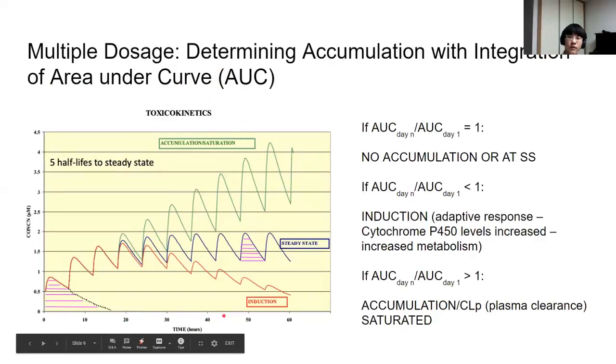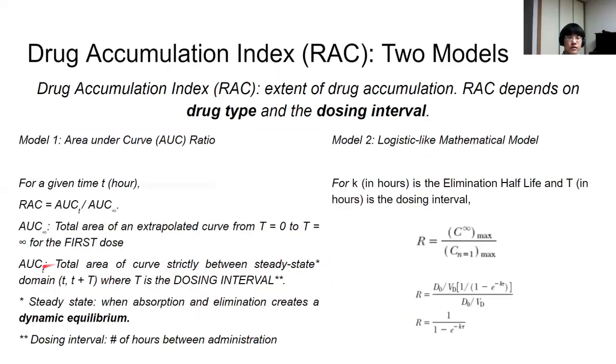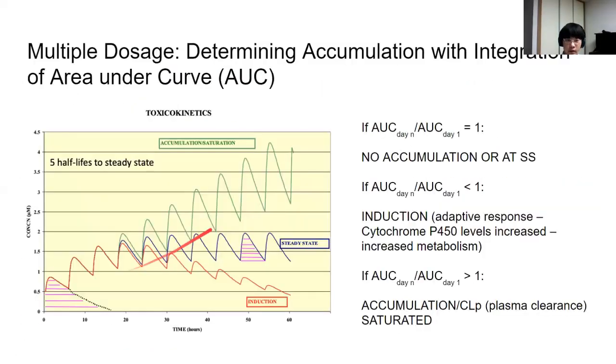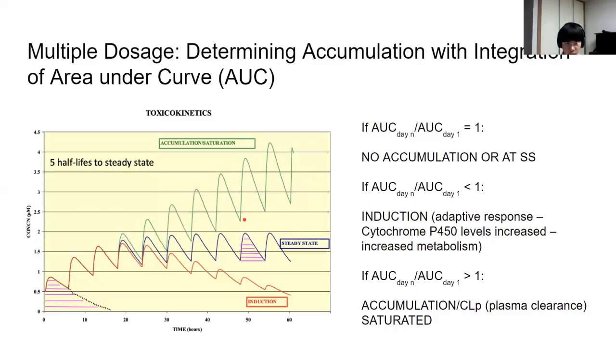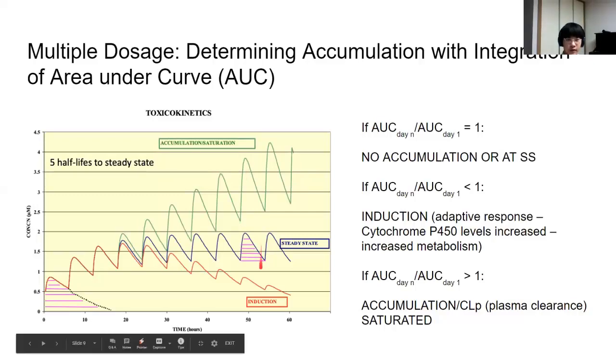It's equivalent to the area under the curve for day 1. The area under the curve for T is simply for a given time T to T plus capital T, where capital T means the dosing interval. So it's basically what I have just talked about: the area under the curve for a specific dosing interval.